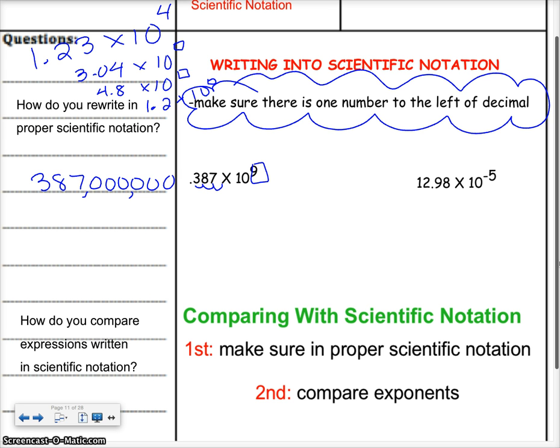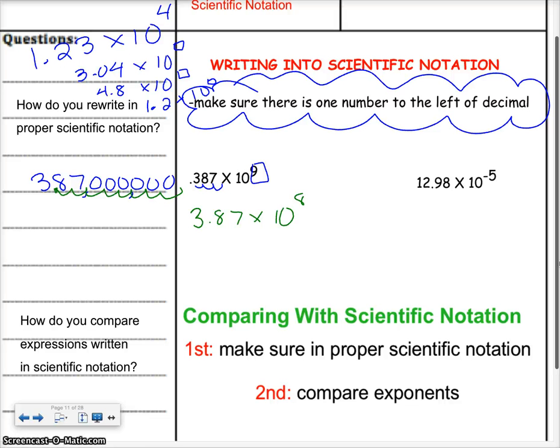From there, I can write it in proper form: 3.87 times 10 to the 8th. That's the long strategy. You can always expand it out and then condense it again.